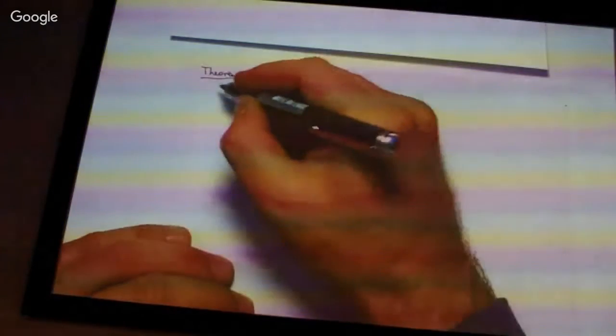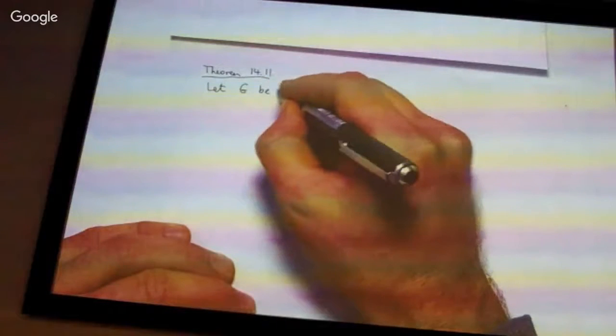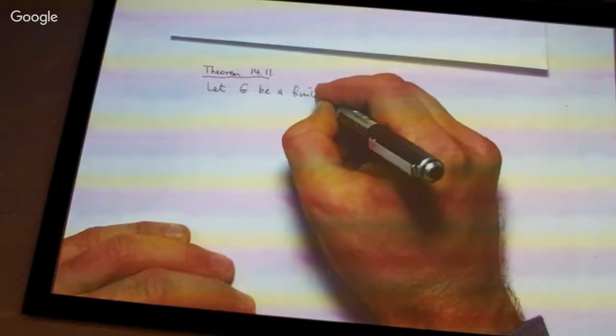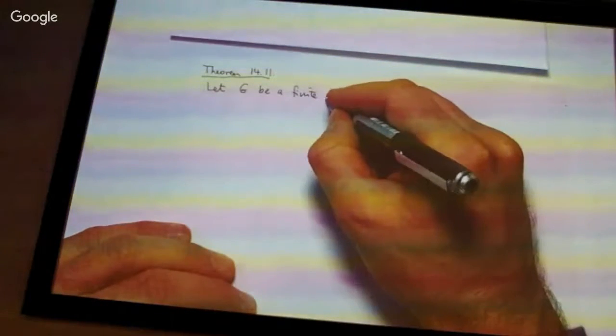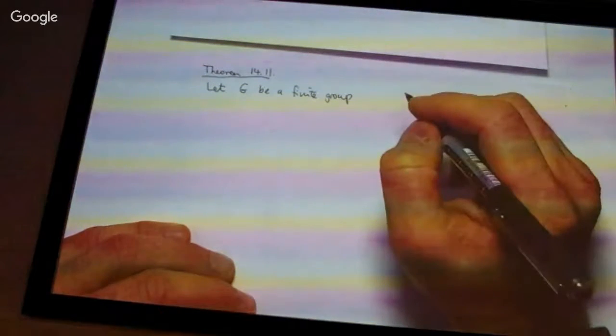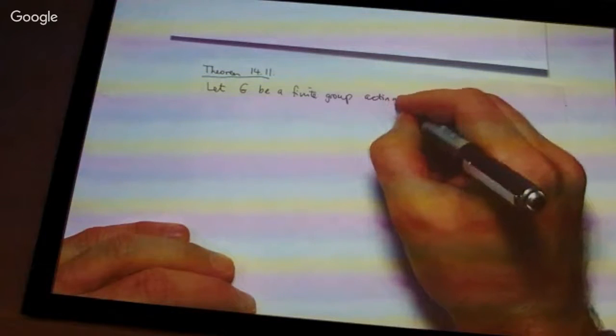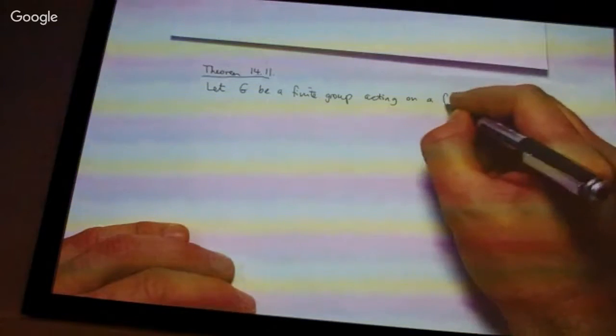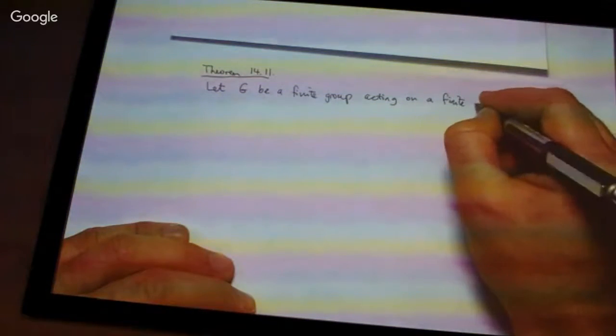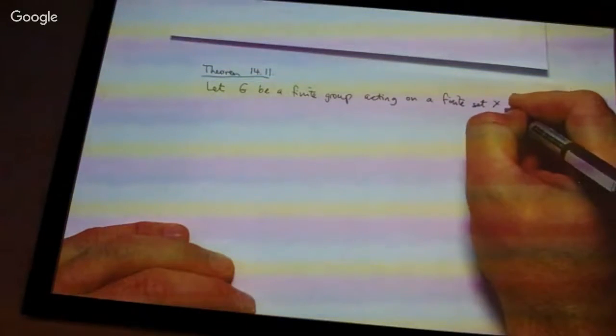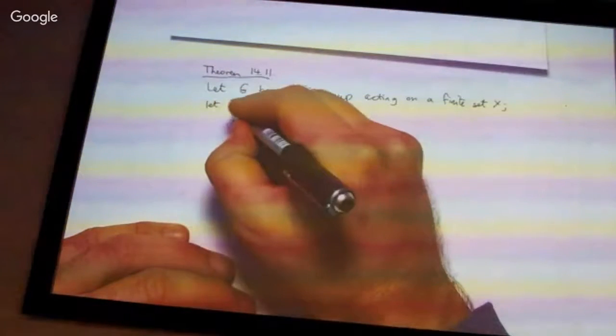Okay, so let G be a finite group acting on a finite set X. And we pick one element x of this.